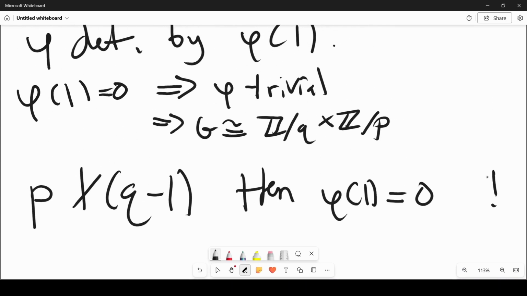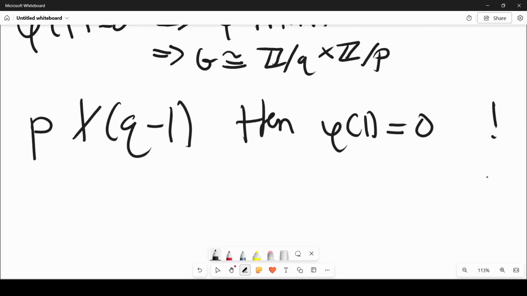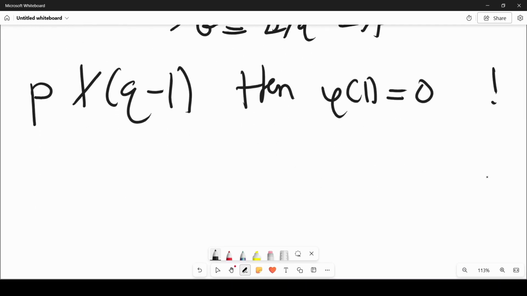And then you get that if G is of order 33, it has to be Z mod 3 cross Z mod 11. Otherwise, if P does divide Q minus 1, you might have more options. So basically, we've described using semi-direct products what groups of order PQ are. I mean, we've fully described them as semi-direct products, but there are a couple of options when P divides Q minus 1.